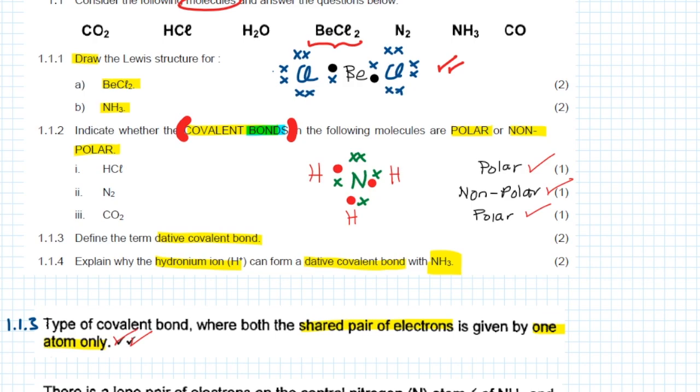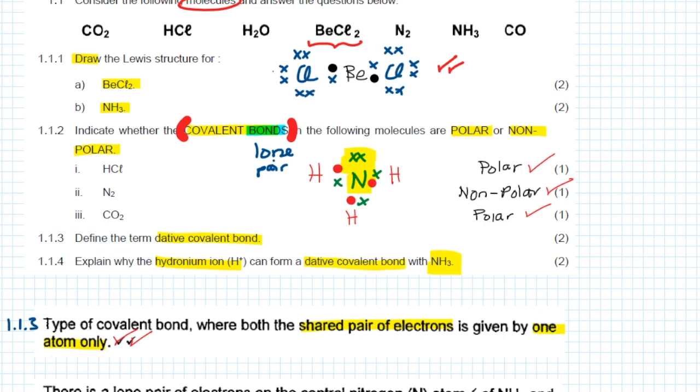We say that the ammonia molecule has a central atom called nitrogen, and nitrogen has on it what we refer to as a lone pair of electrons. That is a pair of electrons that is not taking part in a bond. The nitrogen brought these electrons and it's not doing anything with them at this point.